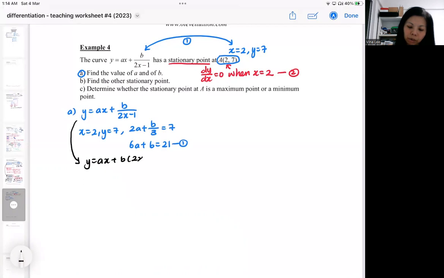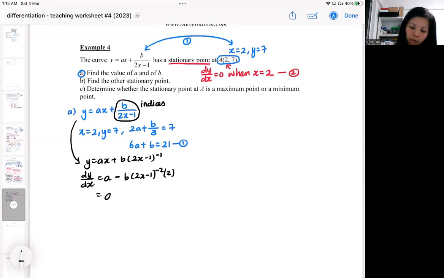So make sure you can see that it's a chain rule for this part. So you've got to do some indices first, which I have just done. So I can do my bring down power, minus power, and also my chain rule. So it should lead you to get a nice dy/dx.